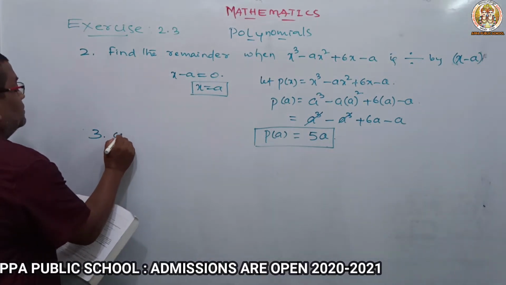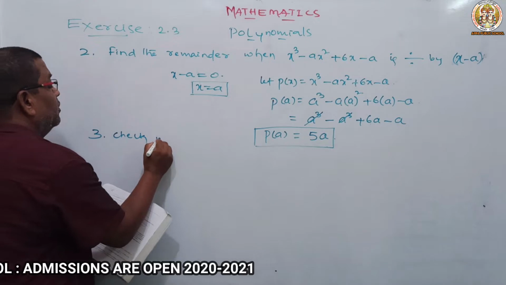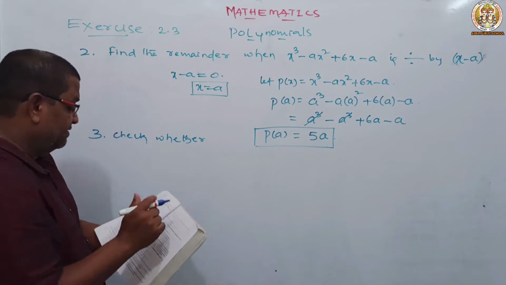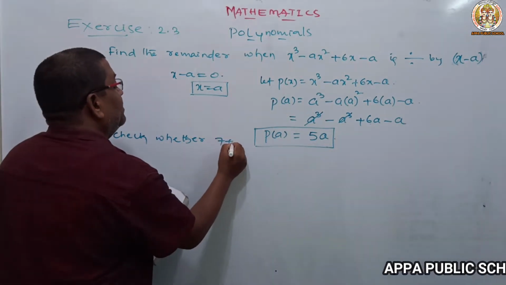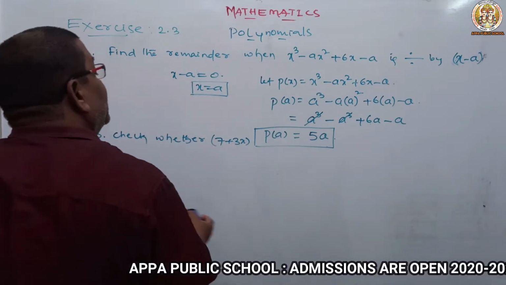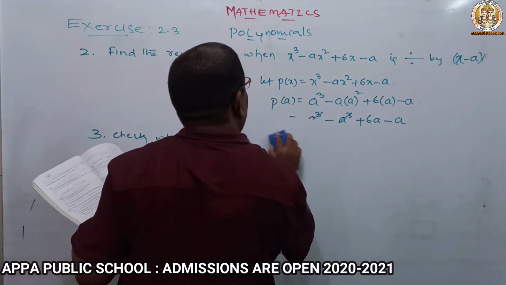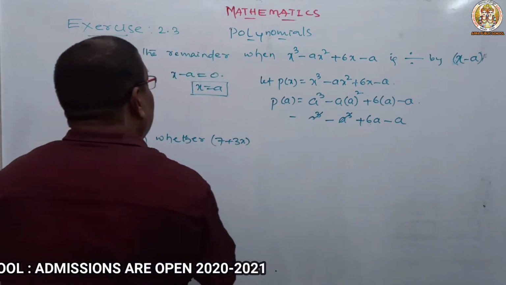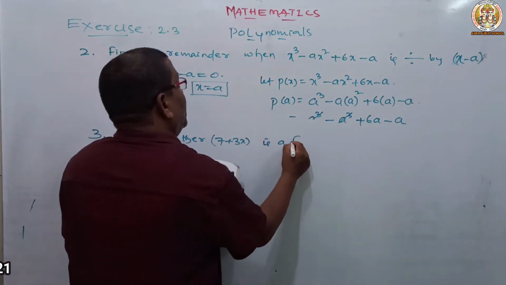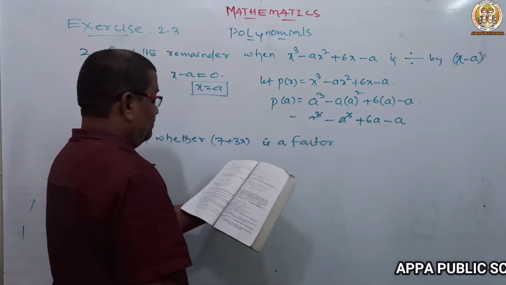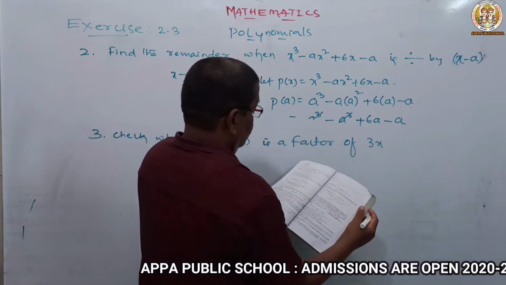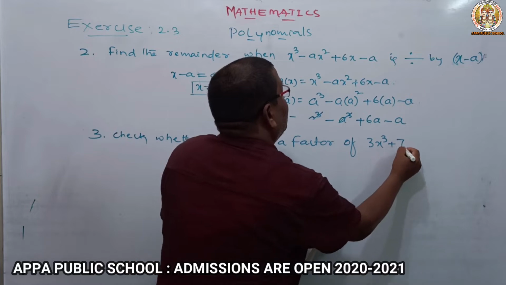Check whether 7 plus 3x is a factor of 3x cube plus 7x.